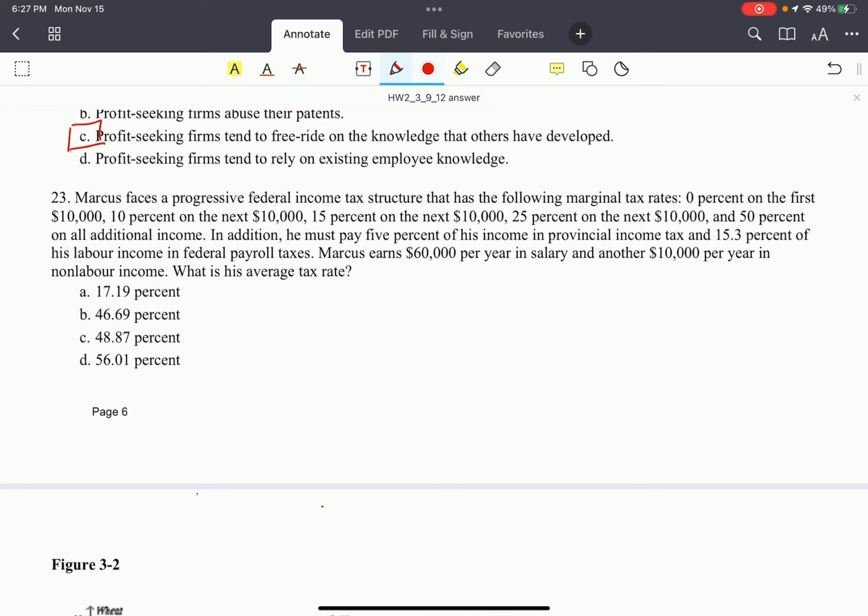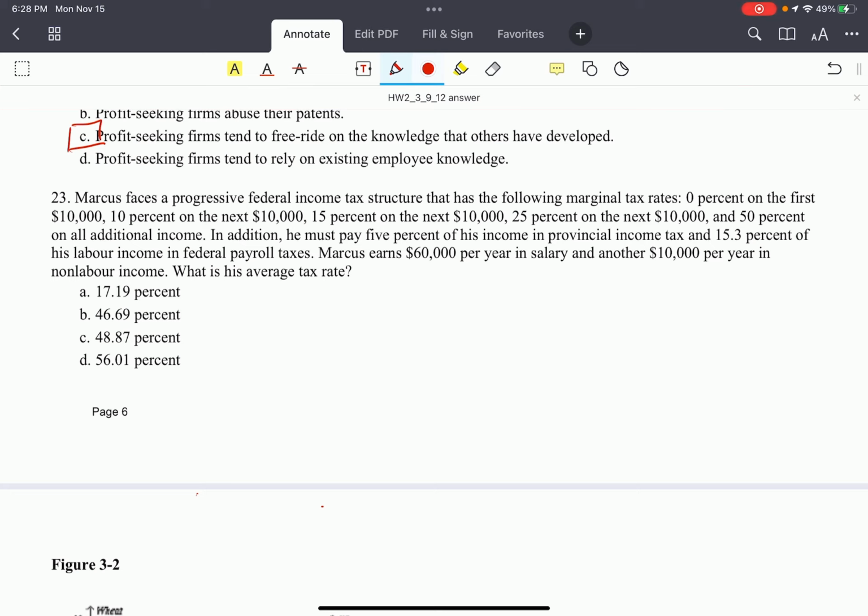In addition, he pays 5% of his income in provincial income taxes and 15.3% on his labor income in federal payroll taxes. Marcus earns $60,000 in salary and $10,000 non-labor income. What is his average tax rate?